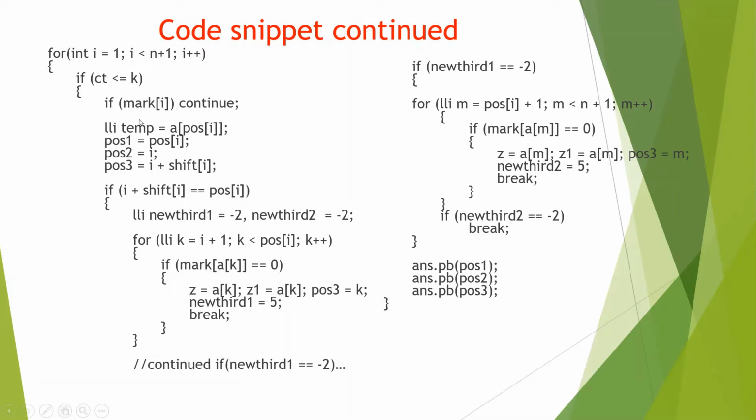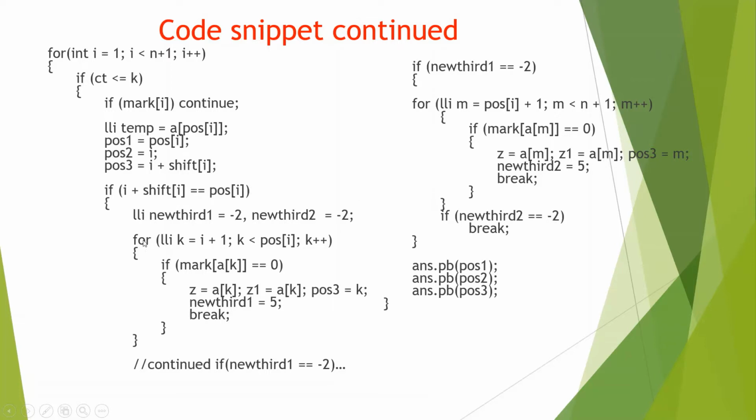So the starting part of the code is pretty much the same. Positions 1 to 3 are initialized and then we check if i plus shift of i equals position of i. That is, position 1 and position 3 are clashing. Then we select a new third because the first and second elements have to be placed at each other. So we can't select them, right? So we try to select a new third which is different from these two.